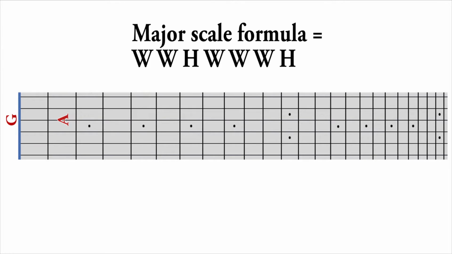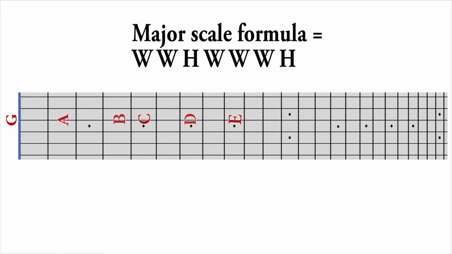From that A note, we go another whole step, and that takes us to the B note. From that B note, we need to go a half step, and that'll take us to the C note. From that C note, we go a whole step up, and that takes us to the D note. From that D note, we go up another whole step, and that takes us to the E note.